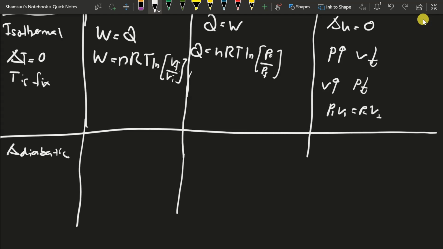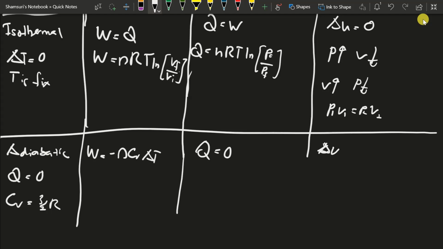In the adiabatic process, Q is equal to 0. Cv is equal to 3 over 2 R, and then we can calculate W is equal to minus n Cv delta T, and Q is 0, which is the basic process.